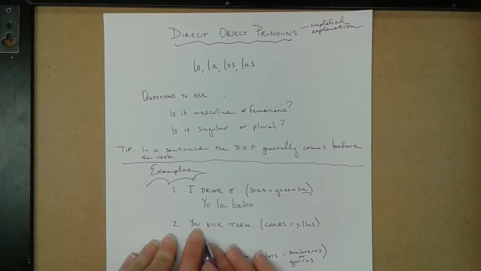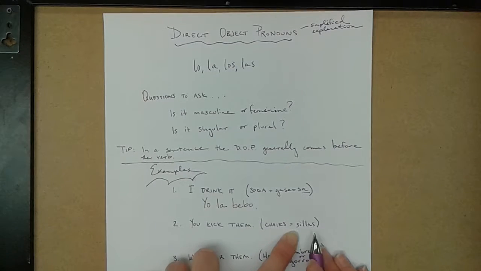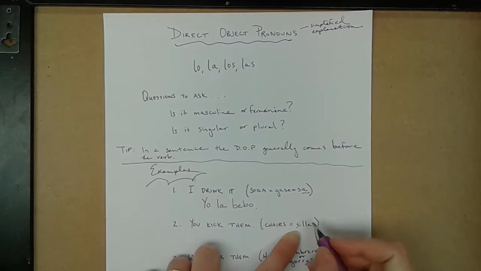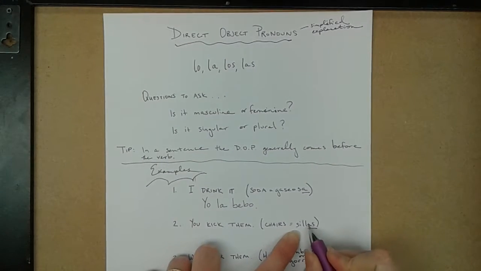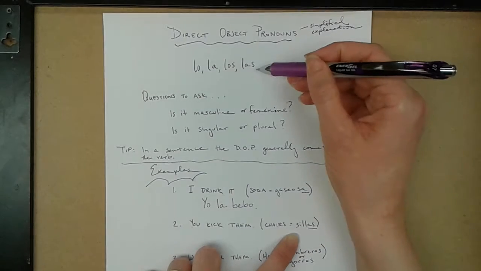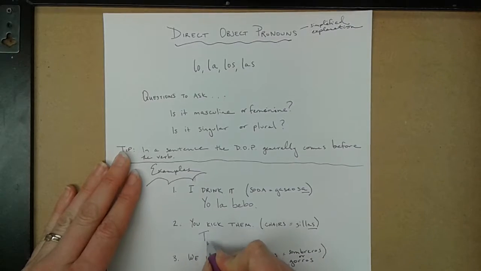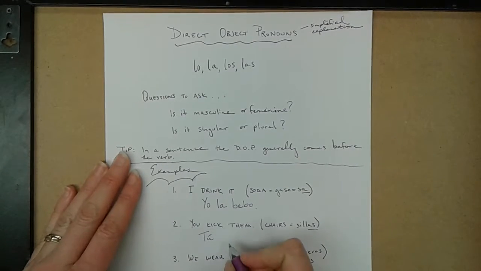All right, you kick them, and them is referring to chairs, which in Spanish is sillas. Okay, is it masculine or feminine? AS at the end, that A means that it's probably feminine. Is it singular or plural? We have an S at the end, so it's plural. So we're going to use las. All right, tú, you.